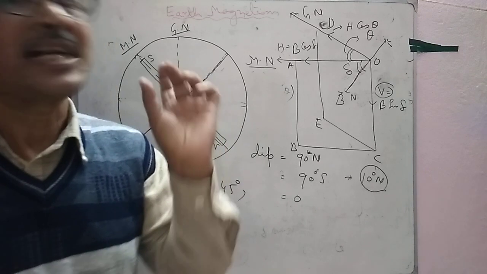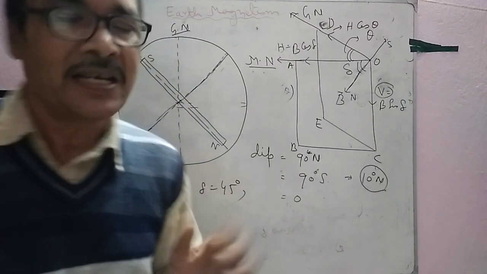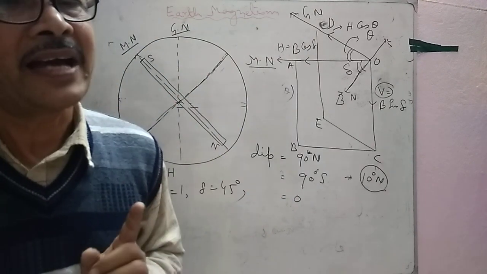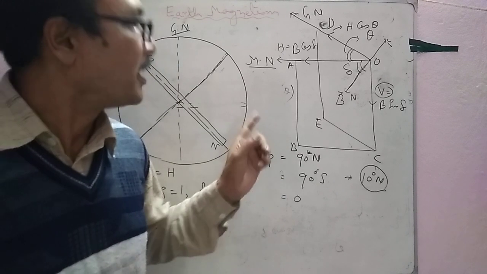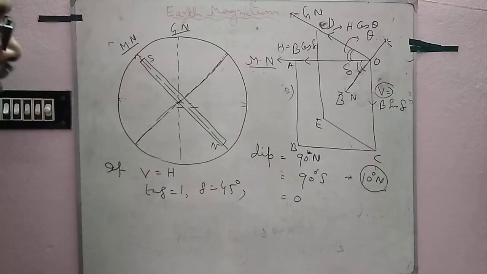And if we suspend a free magnet from its center of gravity at that place, its north pole tips downward and makes an angle 10 degree with the horizontal of its axis. Clear? This is the meaning of angle of inclination, that is angle of dip.